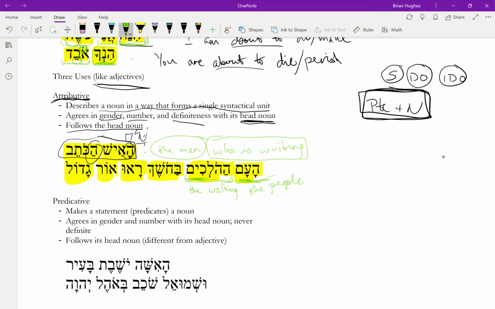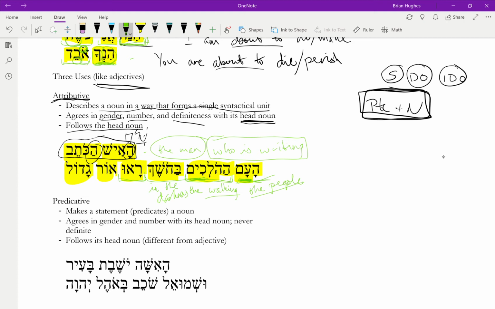But this is an idea that could function singularly or plurally. I made a big stink in the first semester that this is like a corporate idea, whereas we would use plural when we're talking about the people. Ha'am can take a singular verb or it can take a plural verb sometimes. And so this is the people who are walking, in the darkness.